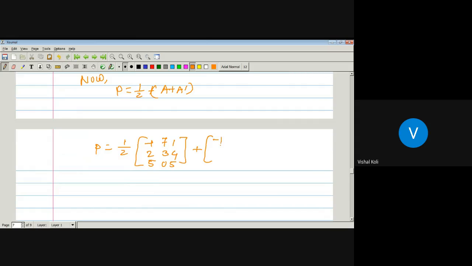A transpose will be minus 1, 2, 5; 7, 3, 0; 1, 4, 5.